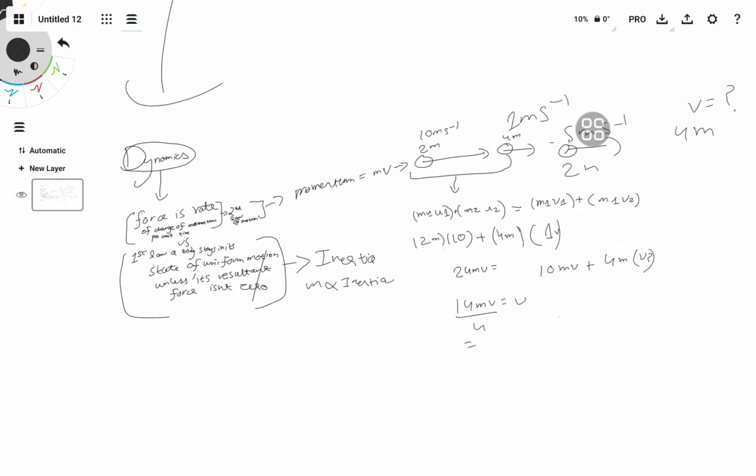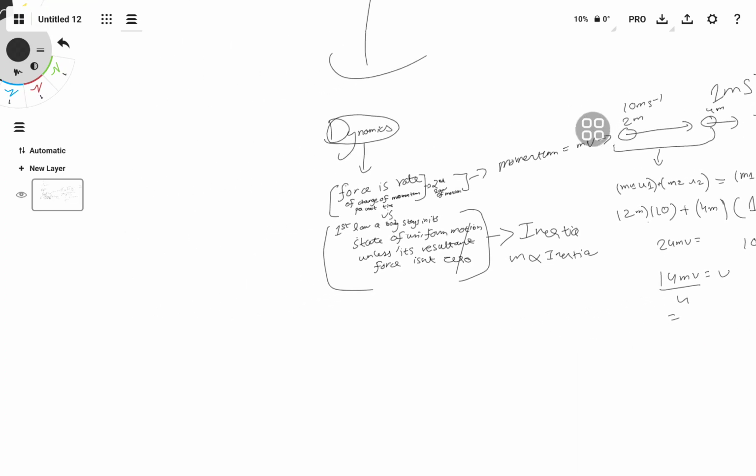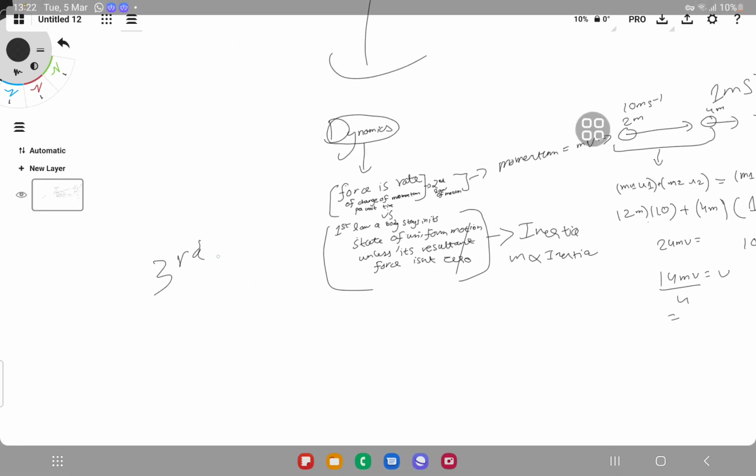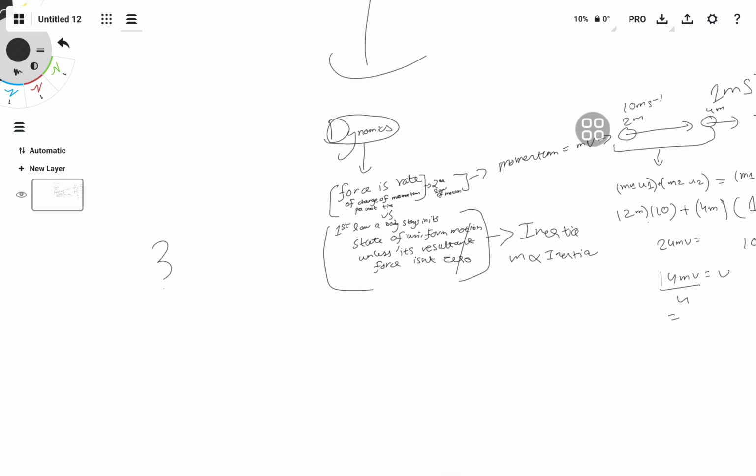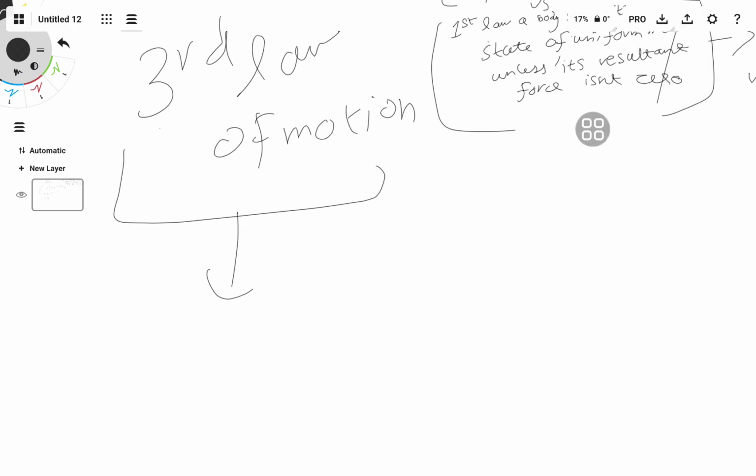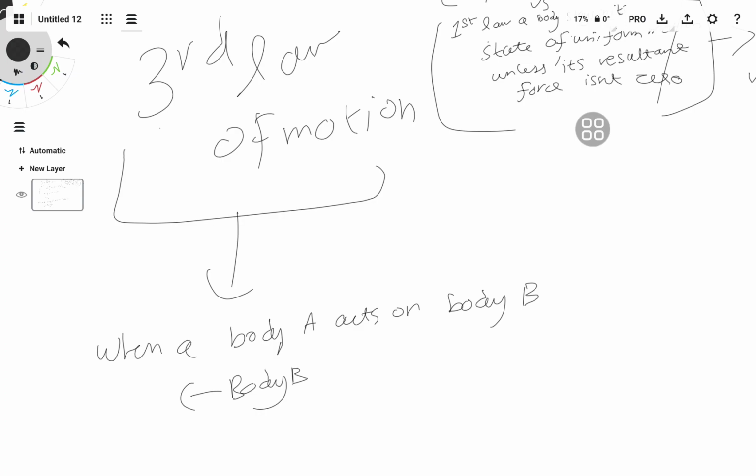So next we have the third law of motion. When a body A acts on body B, body B also acts on body A in the opposite direction, with equal magnitude and the same type of force.